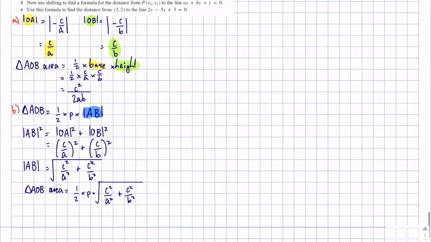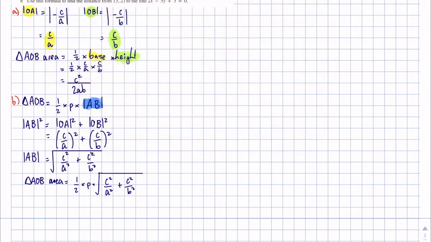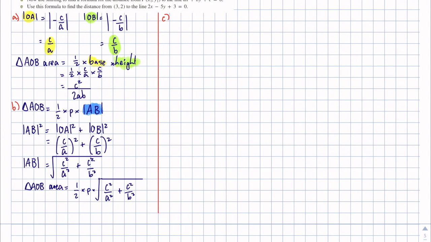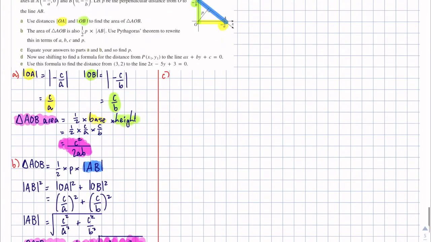Okay, now let's have a look at C. Equate your answers and find P. So we know that the area equals this. So that area equals that, but it also equals this funky thing here. So this is going to help us find the length of this one across here, yeah?